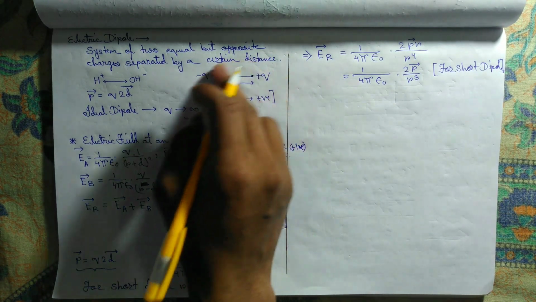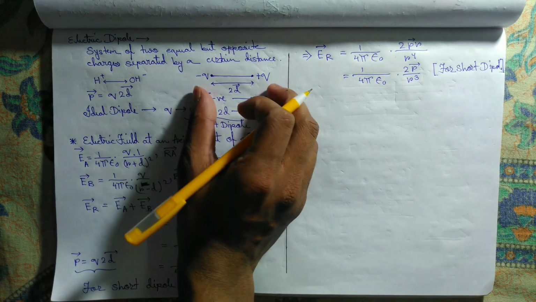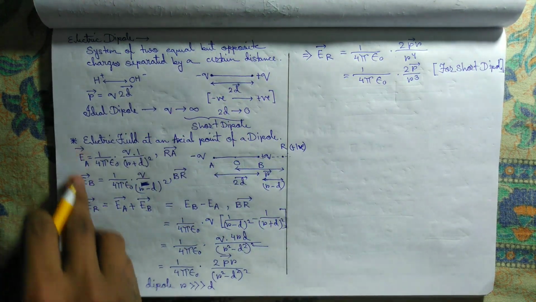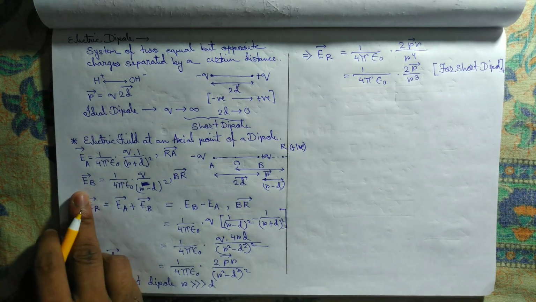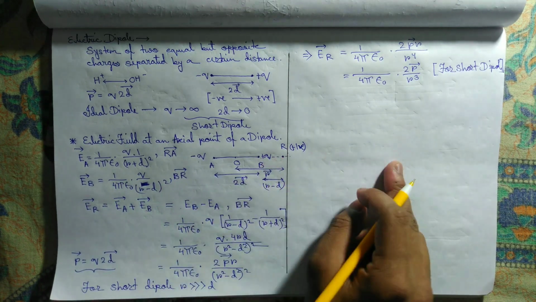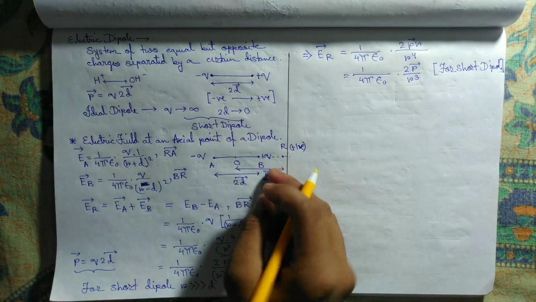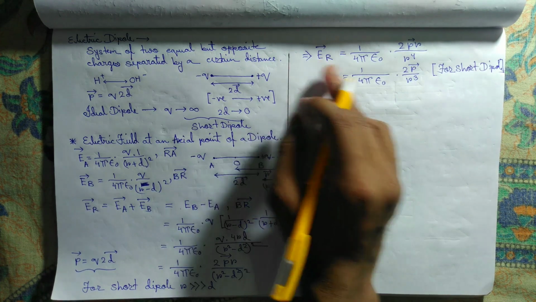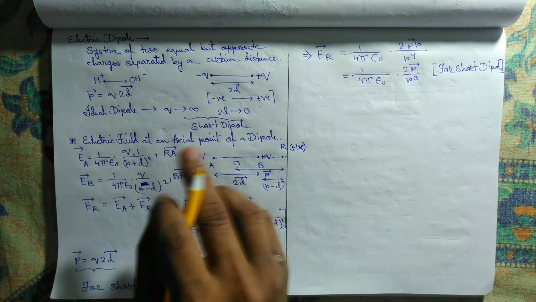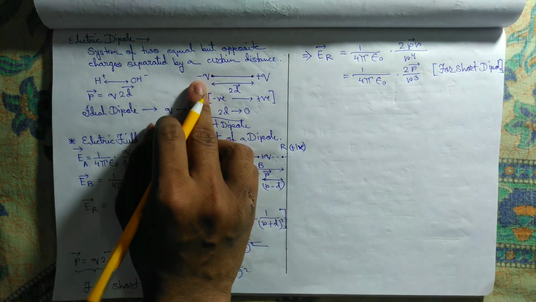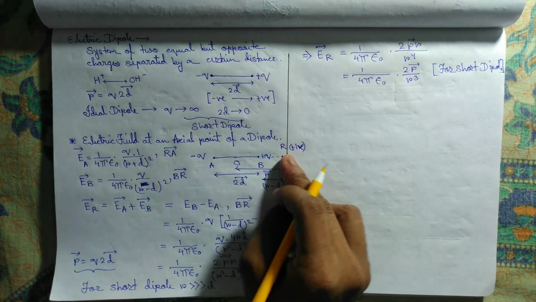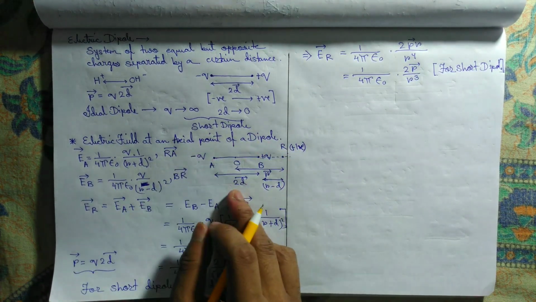As it is the electric field due to the system, it consists of both electric fields, E_A and E_B, and E_B is dominating, and its direction is along B to A, or along the P vector. That's why this resultant electric field is along the P vector. It does not matter whether it is positive to negative or negative to positive, because this is not the separated electric field due to minus q or plus q. It is the electric field at the point R due to the total system, the total dipole moment.